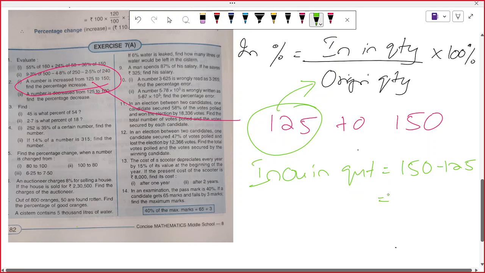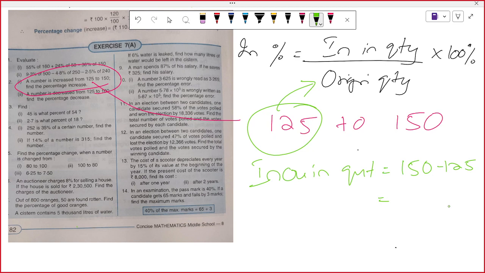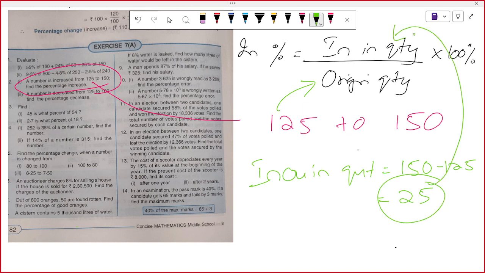So 25. So we got the increase in quantity value, 25. Substitute, and you'll get the answer: 25 divided by 125 into 100%. That is for percentage increase. And for percentage decrease, use the second formula.